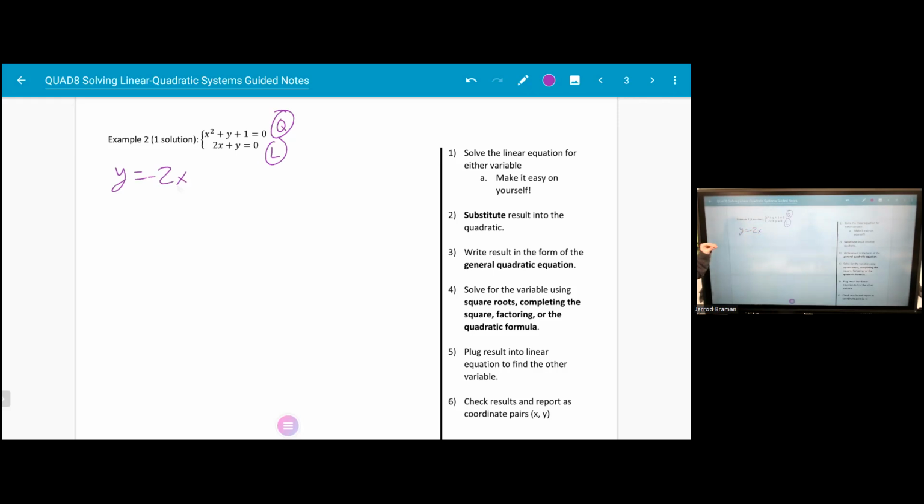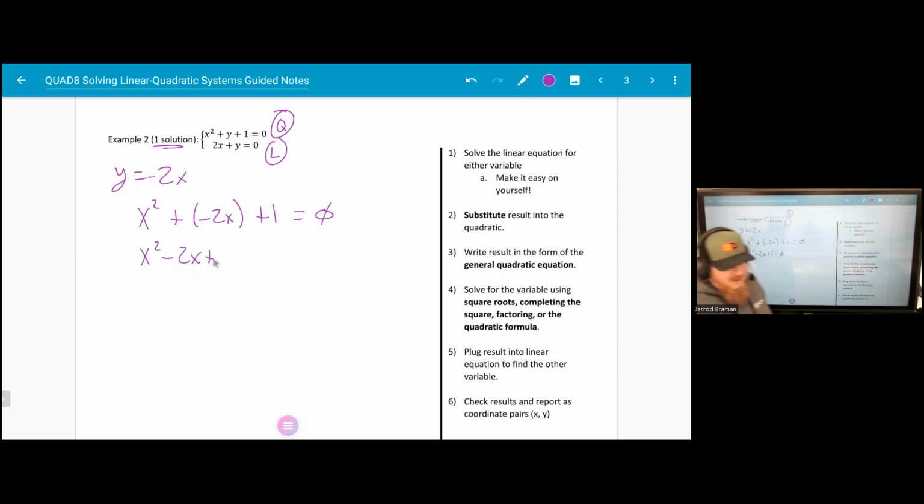So anywhere I see y in the quadratic equation, I'm substituting in instead -2x. X squared plus -2x plus 1 equals 0. Again, this is going to be a one solution example if you weren't sure. This is like distributing a 1 through, so x squared minus 2x plus 1 equals 0.